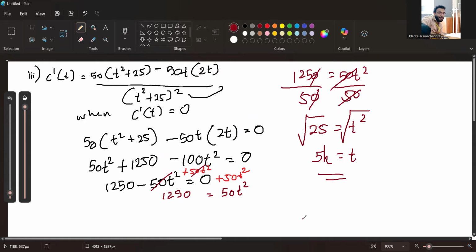Here the last part is, what is the d part? You have to think about it. Fourth part: when do the antibiotics vanish? When c of t equals 0, t should be infinity, but it never reaches 0 mathematically.